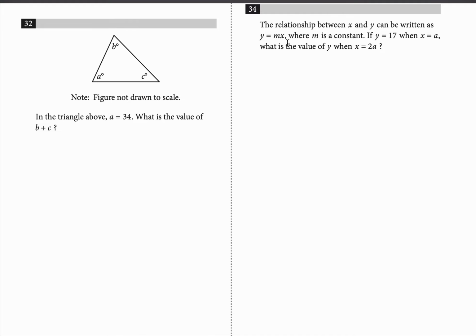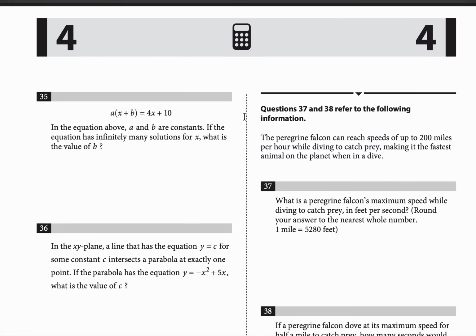Is there any way there could be no solutions? No. Infinitely many solutions. 2.5. Wait, does it have to be 2.5? Because I want to make it so it'll be 4x plus 10 equals 4x plus 10.